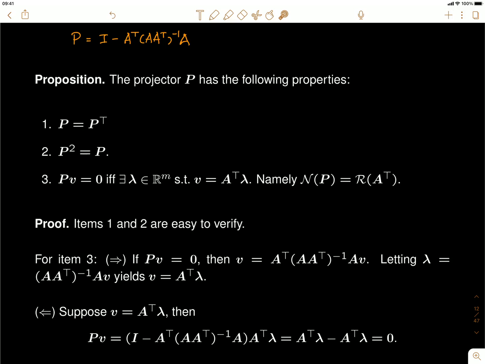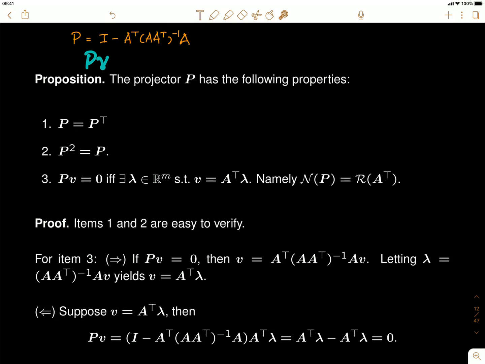The second property is that the P satisfies this. P squared equals P itself. Okay, if you apply P twice, you get back to P. It's still P. And that's pretty easy to understand intuitively, because P times v gives you the projection of v onto the plane.